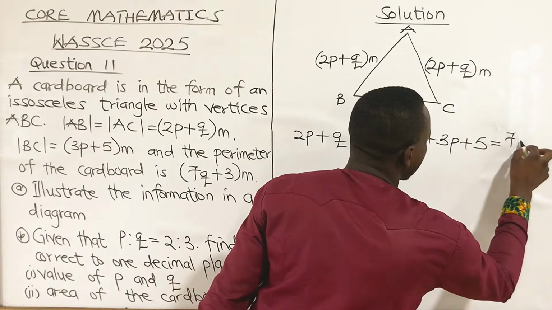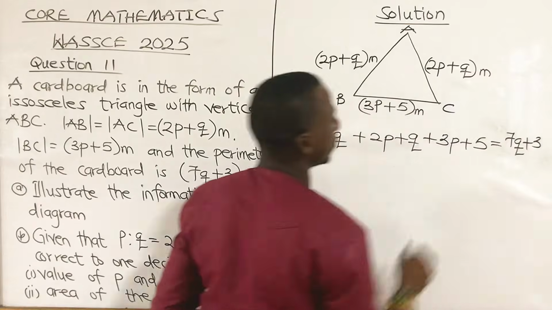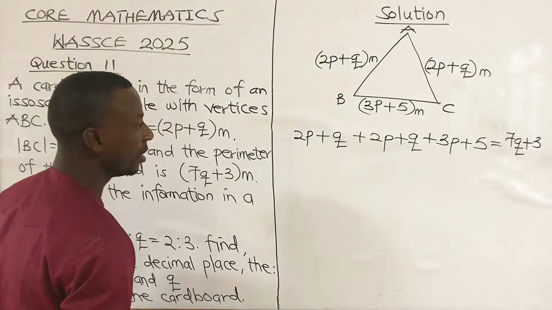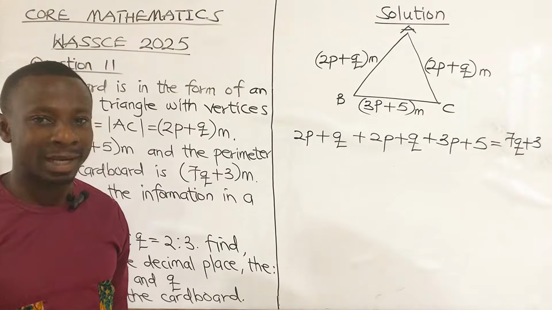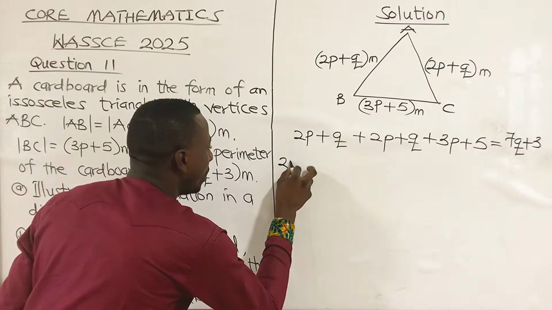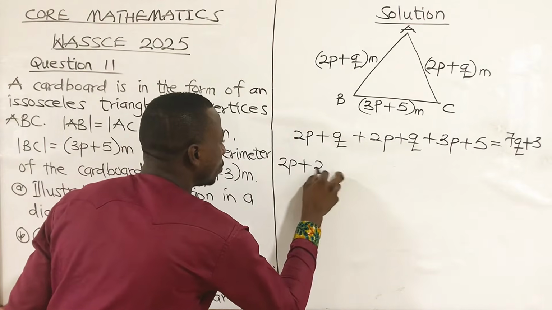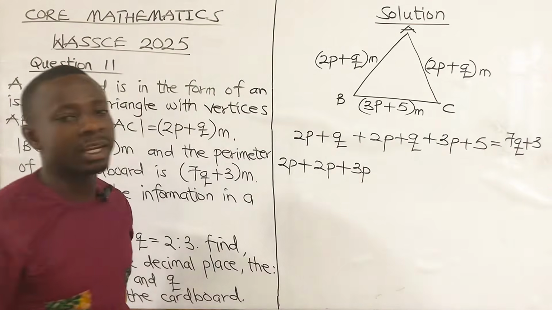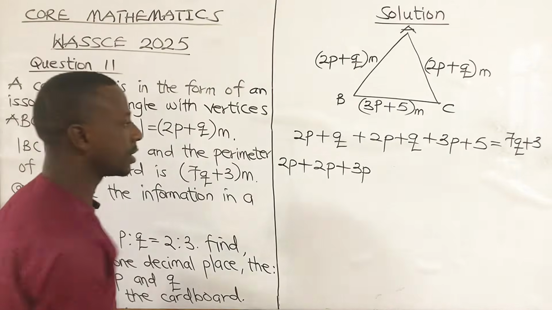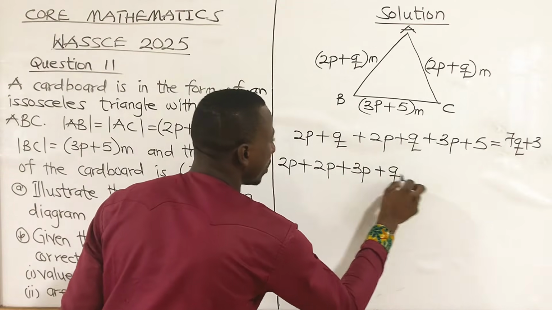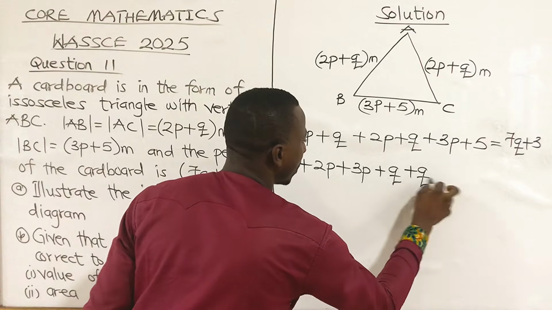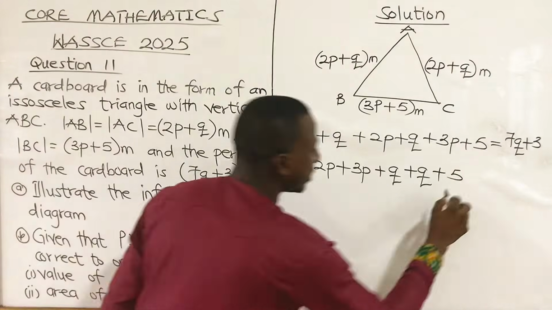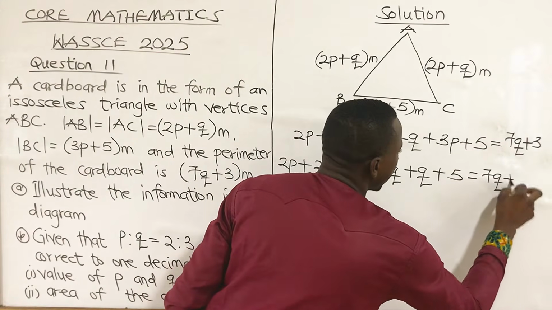Before putting everything together, let's group like terms. We have 2p plus another 2p plus another 3p. Then we sort all the q out: positive q here, another positive q here, then we have 5 left, which is still equal to 7q plus 3.